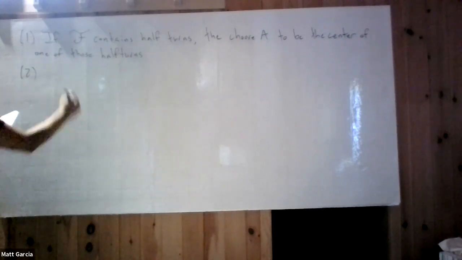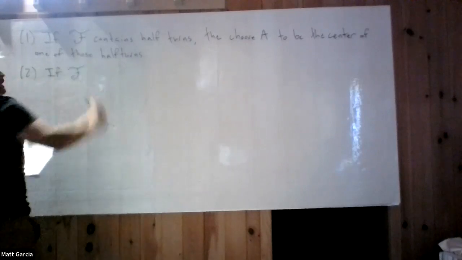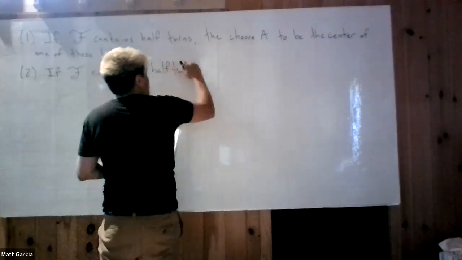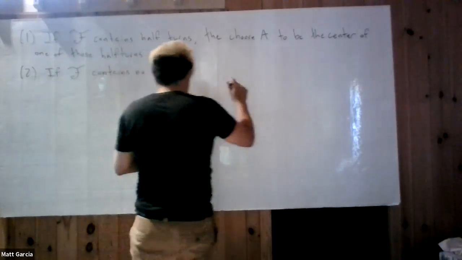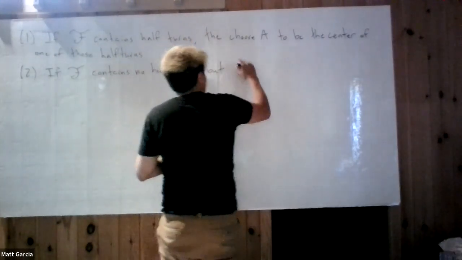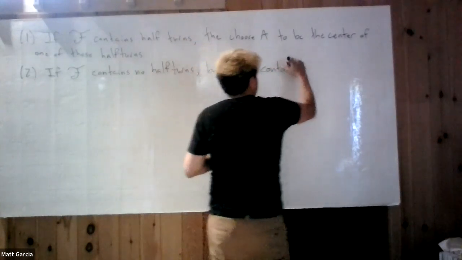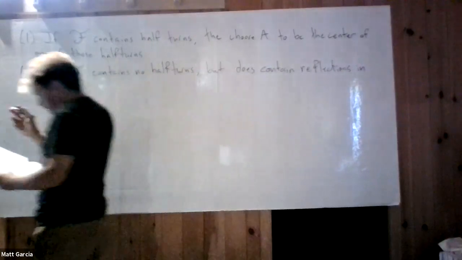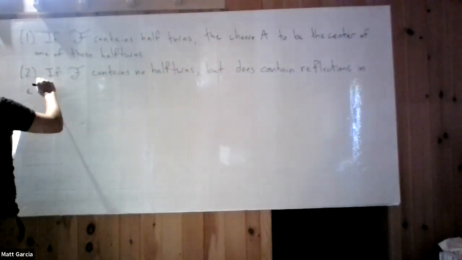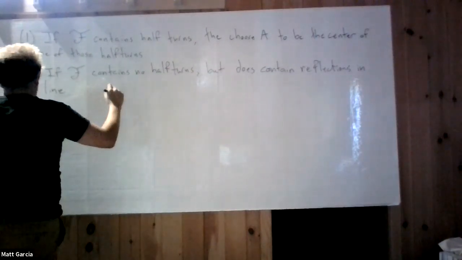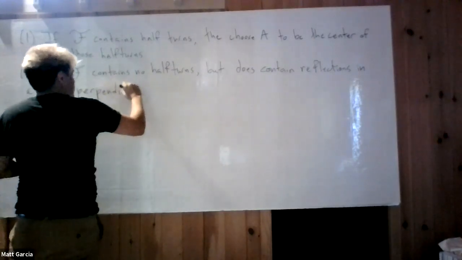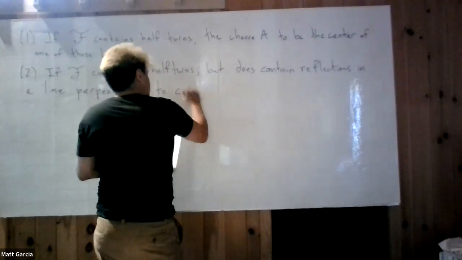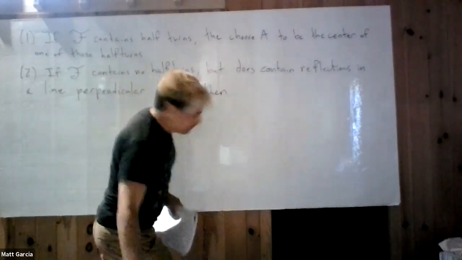Case number 2, if we assume that F contains no half turns, but does in fact contain reflections in a line, sorry, I should give that line a name.